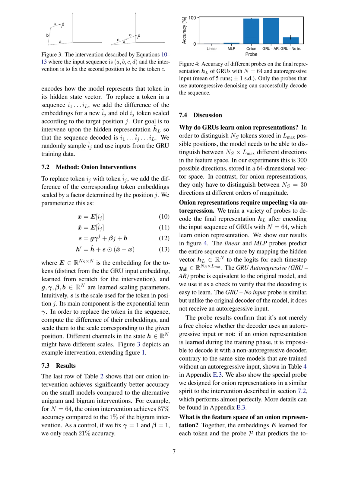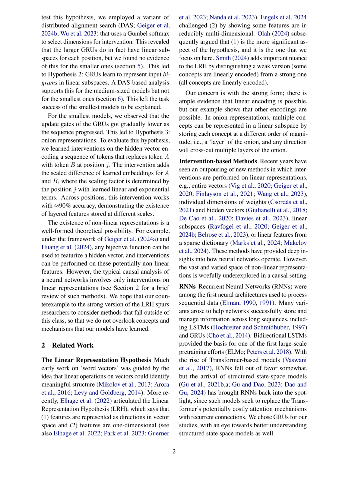We also employed a control where we fixed the scaling parameters to assess the impact of the learned scaling factors, which resulted in only 21% accuracy, further highlighting the importance of the dynamic scaling in the onion intervention. This comprehensive comparison across different models and intervention strategies demonstrated the superior effectiveness of the onion intervention in capturing the underlying representations learned by the GRUs.